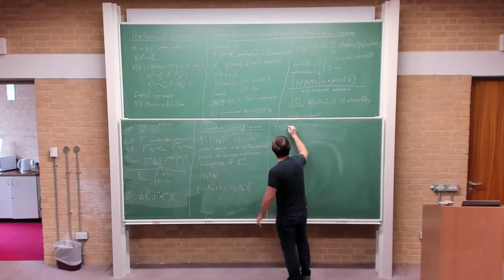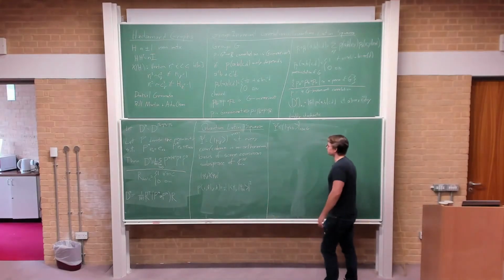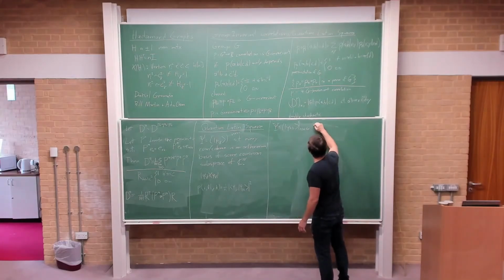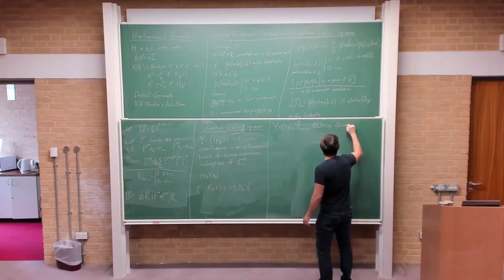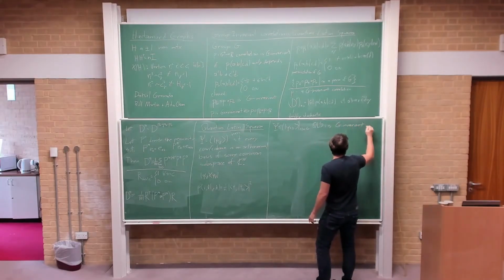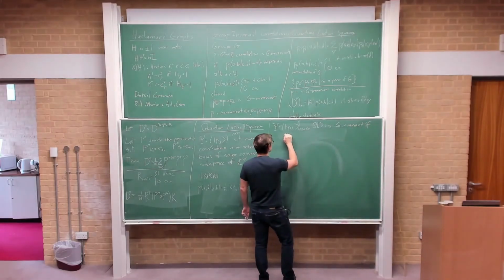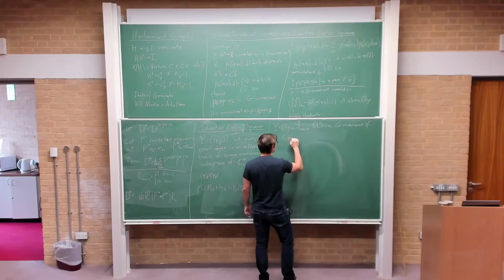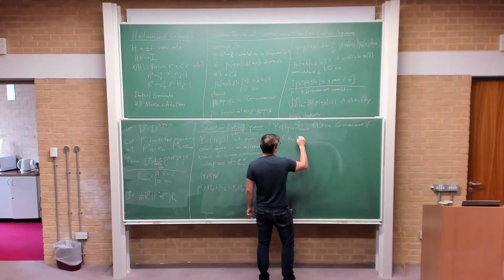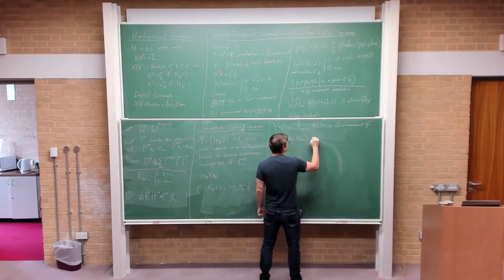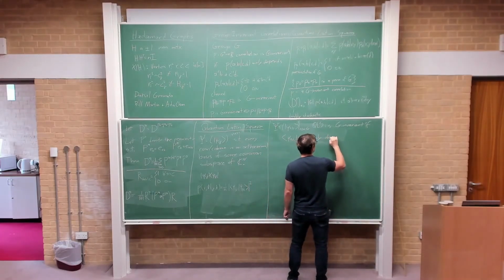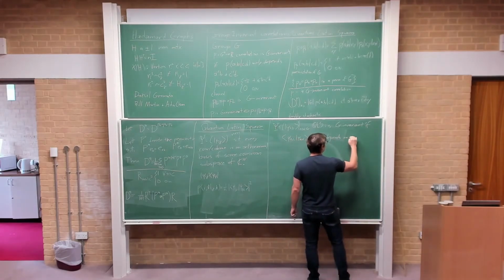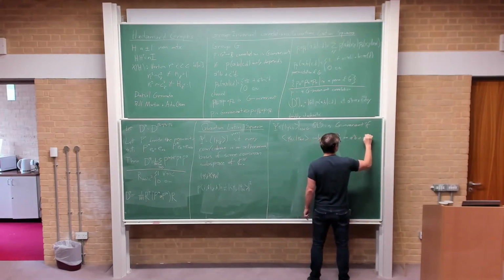So now I think of my quantum Latin square as being indexed by group elements, some group G. I call a quantum Latin square G invariant if this inner product, psi_AC with psi_BD, only depends on A inverse B and C inverse D.